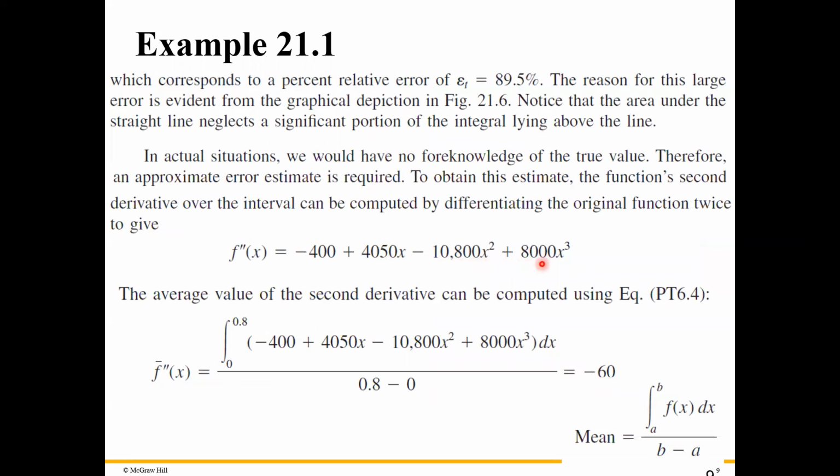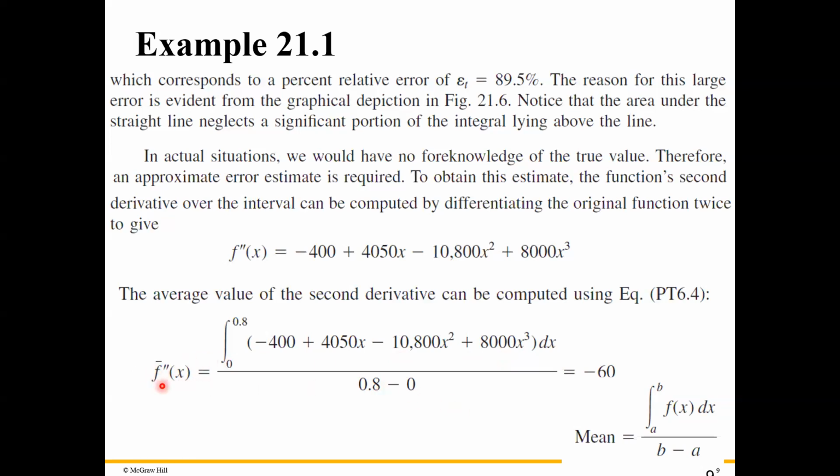Now if we integrate this second derivative from 0 to 0.8, and then divide it by its average, divided by b minus a, then we can input this value for f double prime of x.